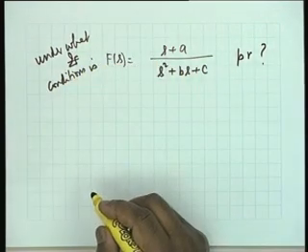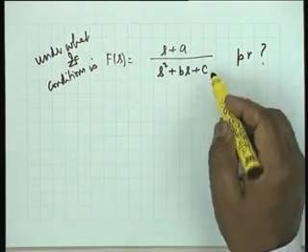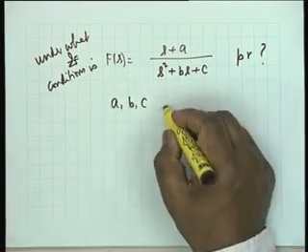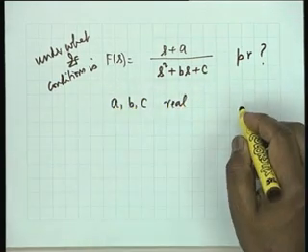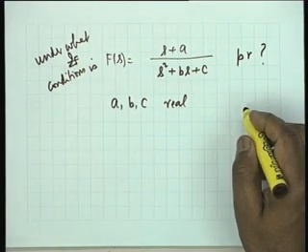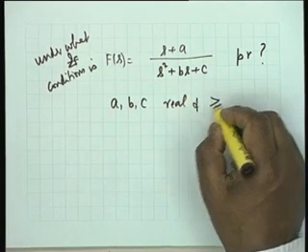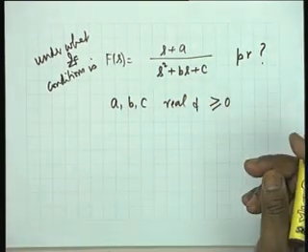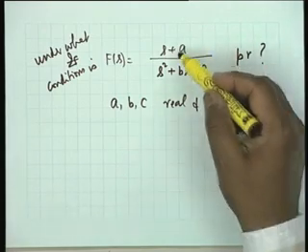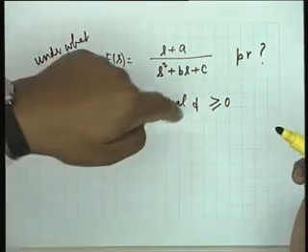The first thing we say is that a, b and c should be real and not necessarily non-negative. Isn't that right? Some of them, one of them can be 0. Why not? For example, a can be 0 here, even then the function could be positive real.